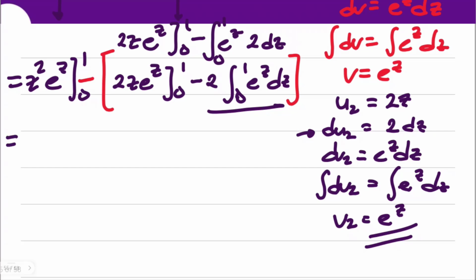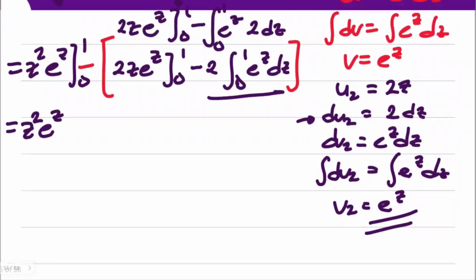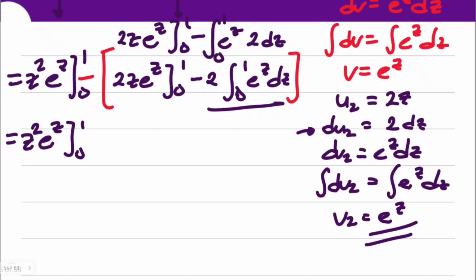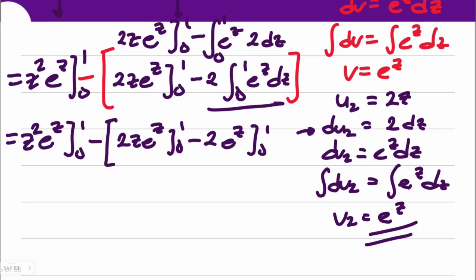This is z squared e to the z from 0 to 1, minus, again, the grouping symbol here, 2z e to the z from 0 to 1 minus 2 e to the z from 0 to 1, as the integral of that is e to the z.